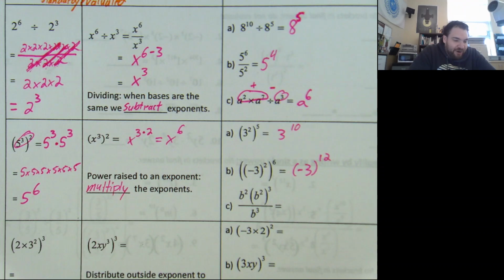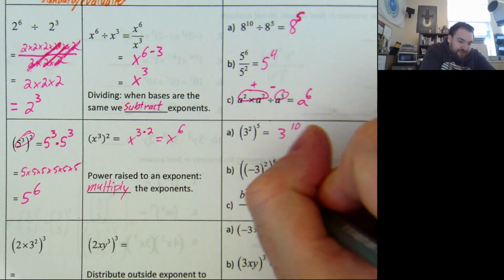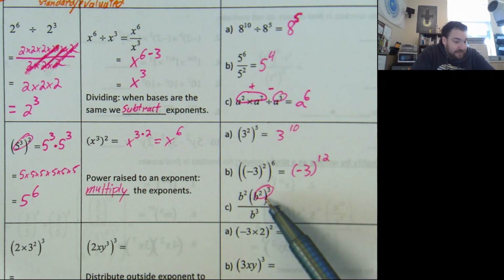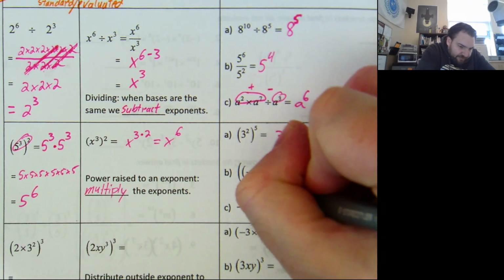Oh, and then we've got a lot going on here with the b's. We've got a few rules going on here. We've got a power to a power. We're multiplying and we're dividing. So what am I going to do here? Take a look at what I'm circling. If I have b squared to the 3, that's the same as b to the 6. I multiply these two together. We multiply here.